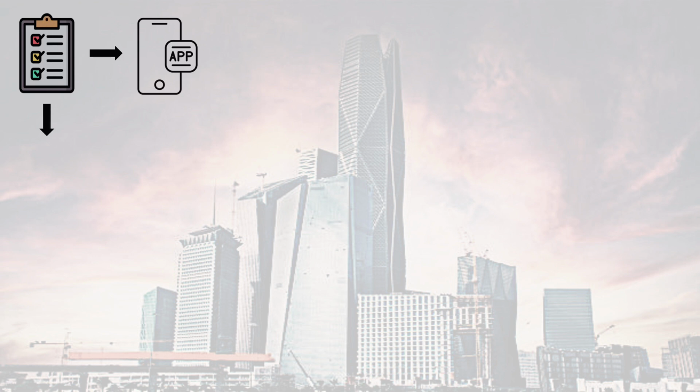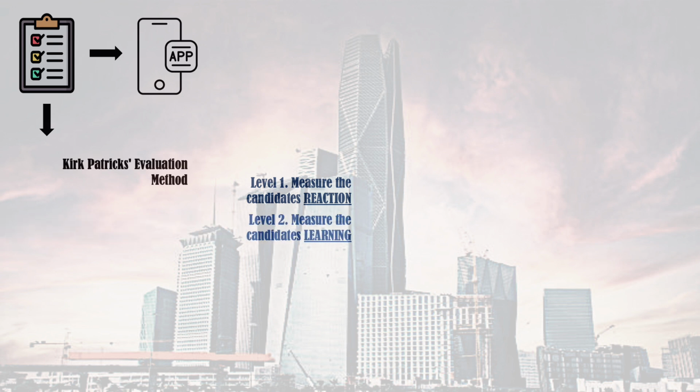And of course, if you want to do it yourself, start from scratch, then there is, of course, Kirkpatrick's evaluation method, which involves 4 levels, where you have to measure the candidate's reaction to the training, you have to measure the candidate's learning from the content and the trainer himself.